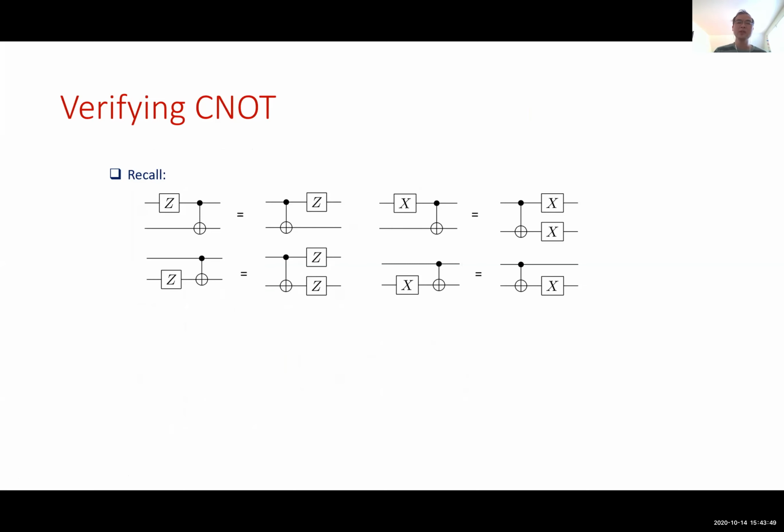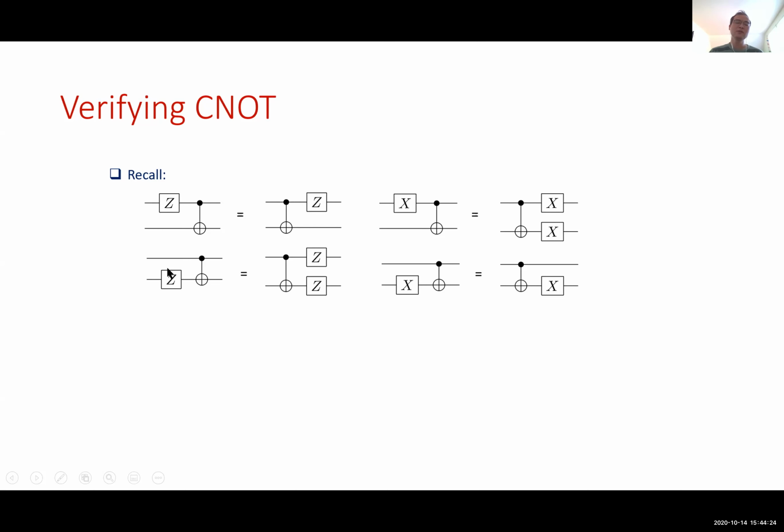So what does that mean? Remember we have these commutation relations. The Z operator on the control qubit, when conjugated by the controlled-NOT, assuming we don't know what this operation is, goes back to Z for the control qubit, but the X becomes a Z on the control and X on the target.